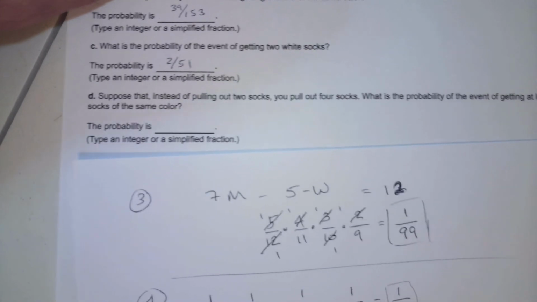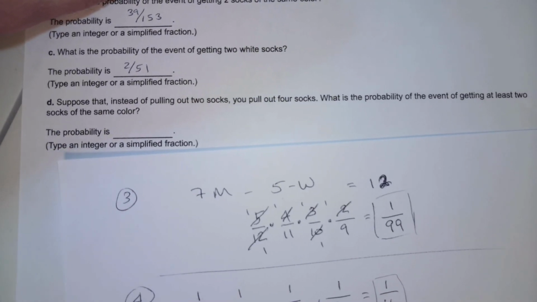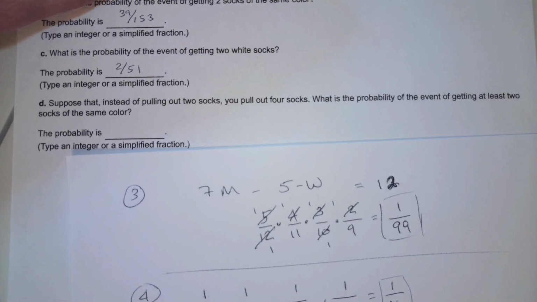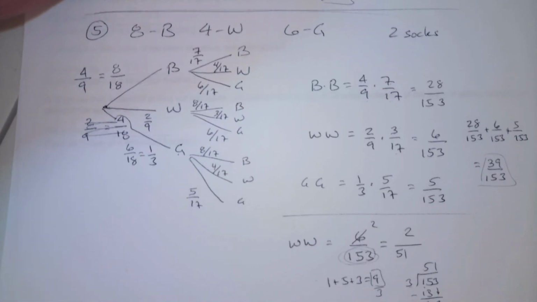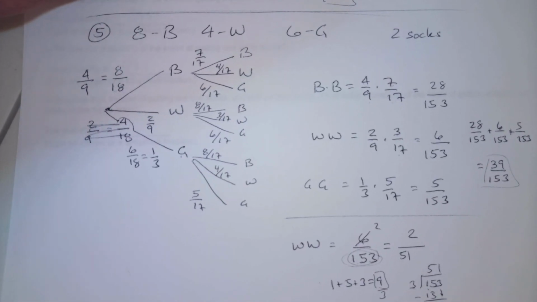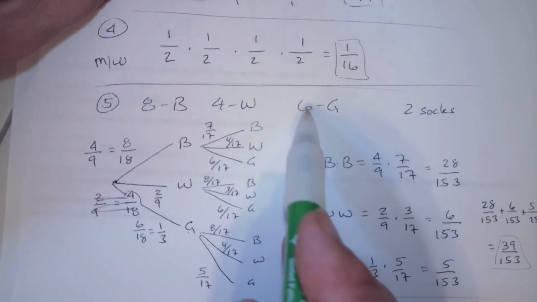And that's one. Suppose that instead of pulling out 2 socks, you pull out 4 socks. What is the probability of getting at least 2 socks the same color? Okay, remember, you only have 3 different color socks.